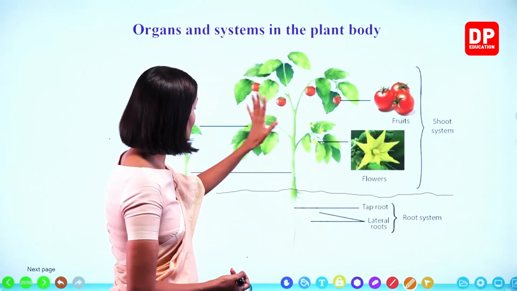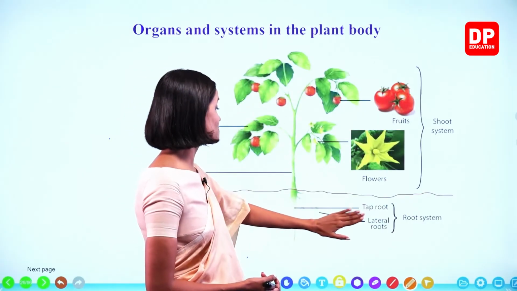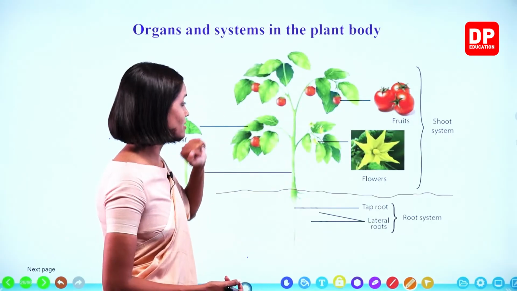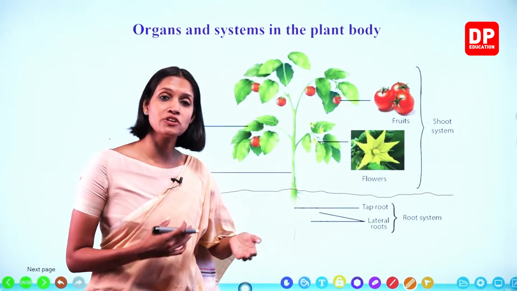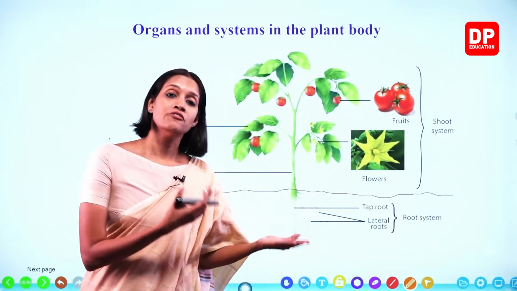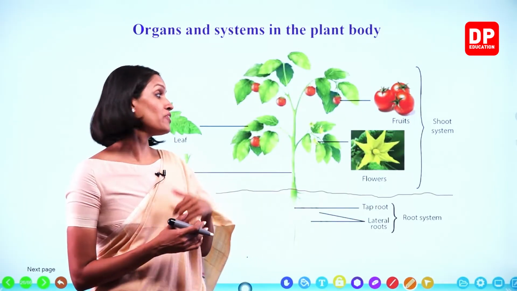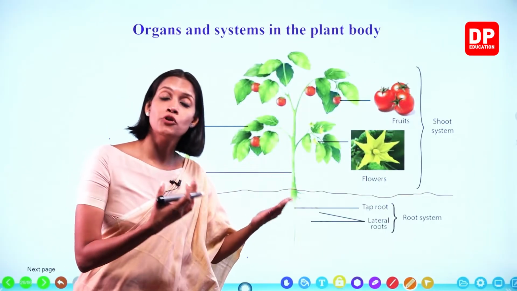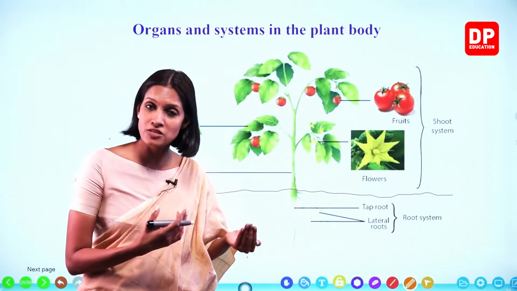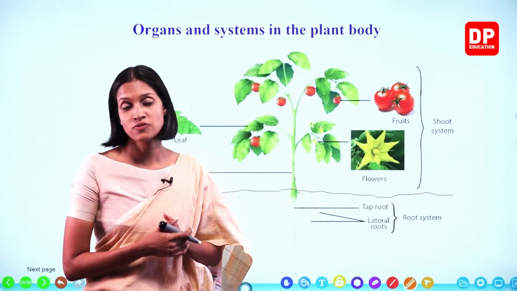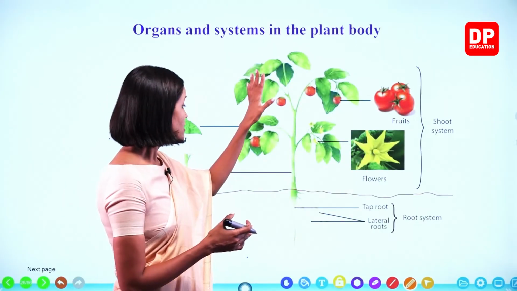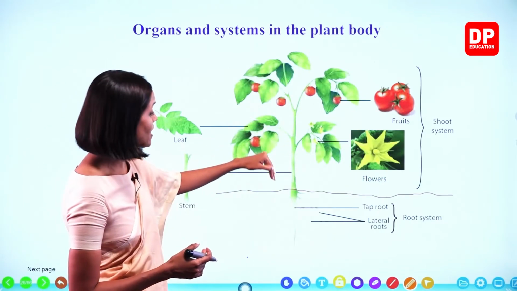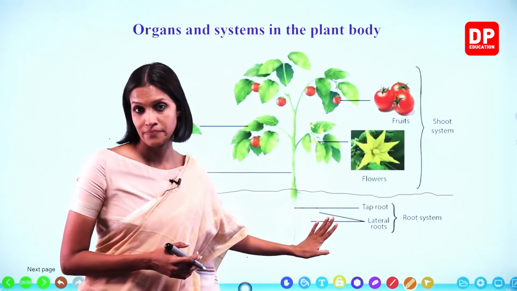So when it comes to this plant, the root system has two types of organs. Now you all know there are two main types of plants: flowering and non-flowering plants. The flowering plants again have two types: monocots and dicots, meaning monocotyledonous and dicotyledonous plants. Now, this is a dicot plant, and dicot plants have a taproot system.